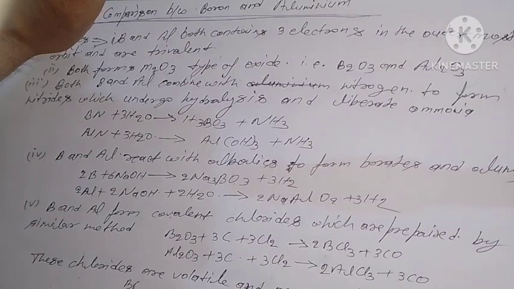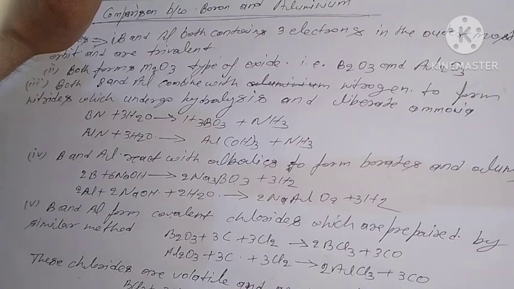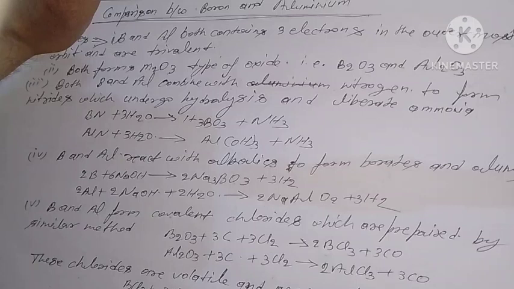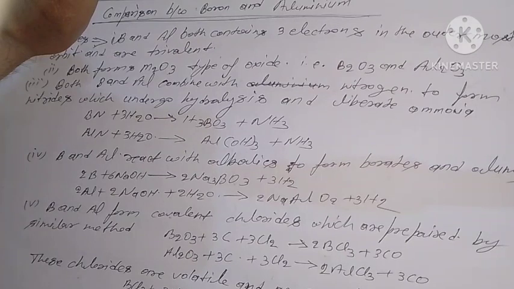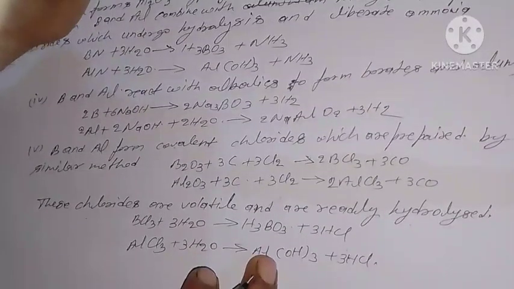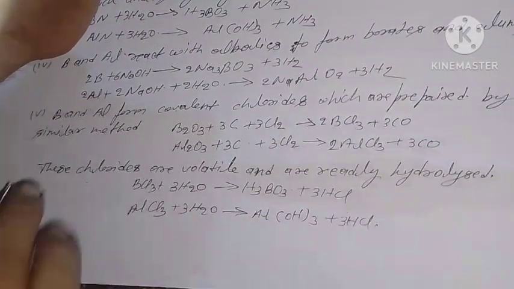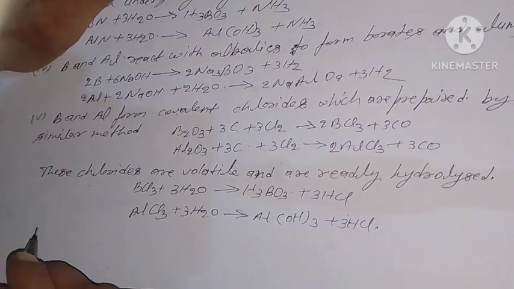BCl3 plus 3H2O gives H3BO3 plus 3HCl, and AlCl3 plus 3H2O gives Al(OH)3 plus 3HCl.